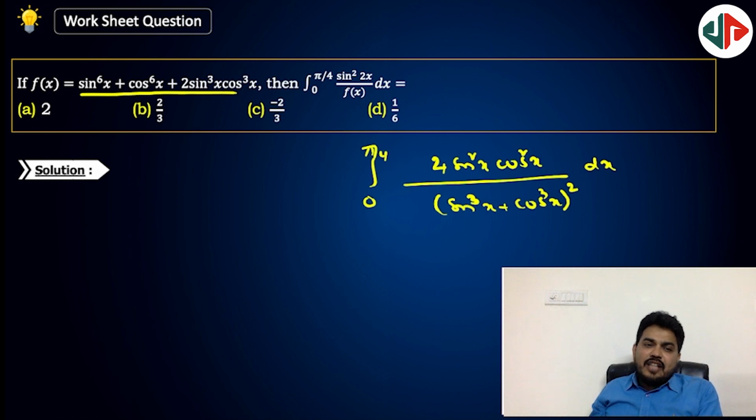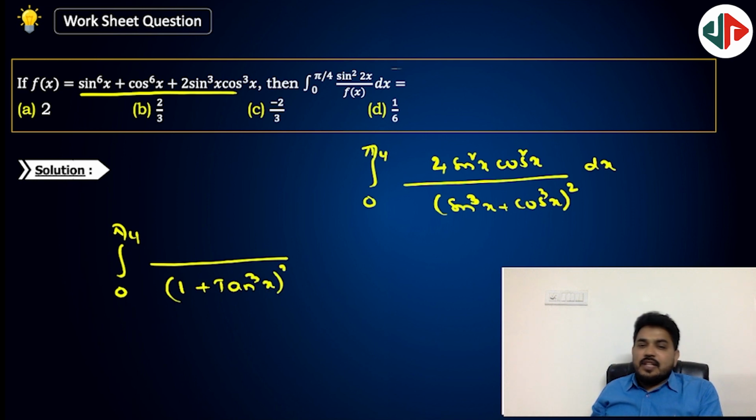Take cos power 6x out. So it is (1 plus tan cube x) whole square. So cos power 6x, 1 cos square x will be cancelled. So 4 tan square x secant square x dx.